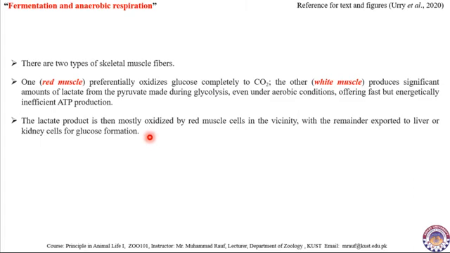Now remember that the lactate can be converted back into glucose in the liver. Through which process? Through the Cori cycle, C-O-R-I. Through this cycle, the lactate produced can be converted again into glucose or glycogen.